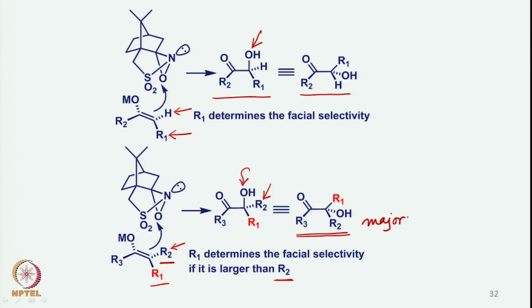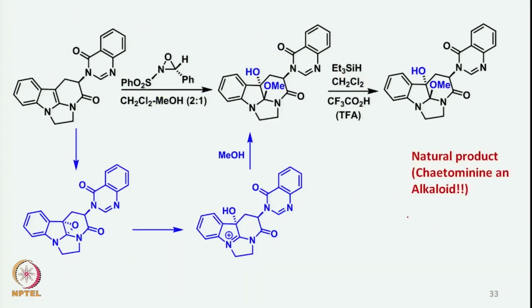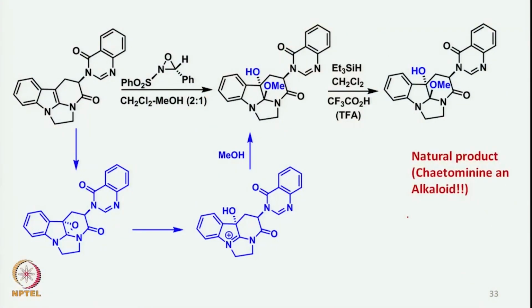So we have now seen two types of things, where one is an achiral oxaziridine and the other is a chiral oxaziridine. Now what can also be done, interestingly, is that olefins can react with a molecule of this type.